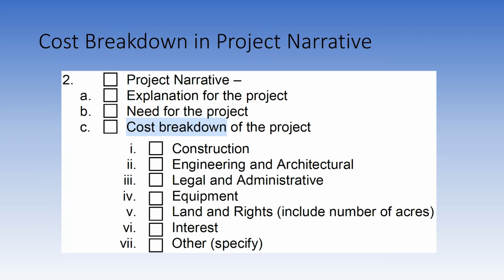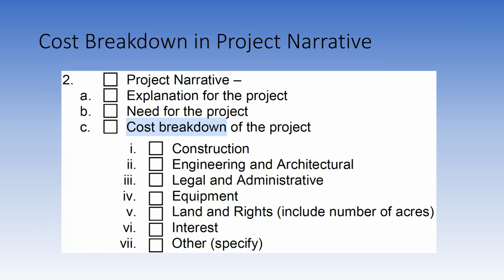Okay, so now on the project narrative, which is saying in words what the project is all about, I'm highlighting here that there is a financial component of that in doing a cost breakdown of the project. And they're specific about how they want to break down the costs within the project narrative.